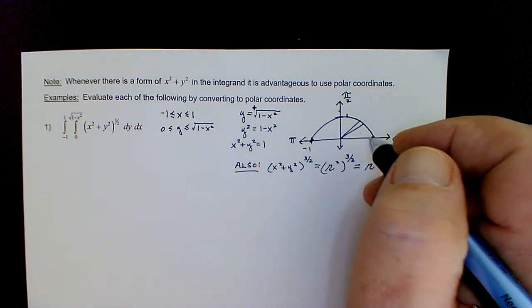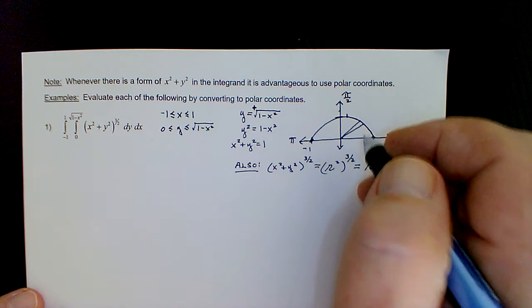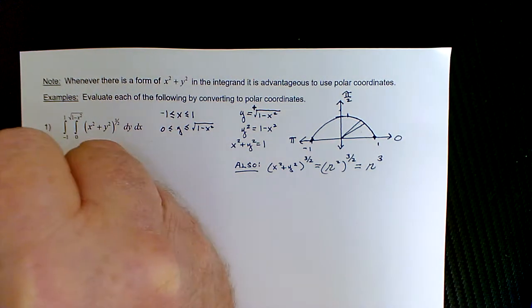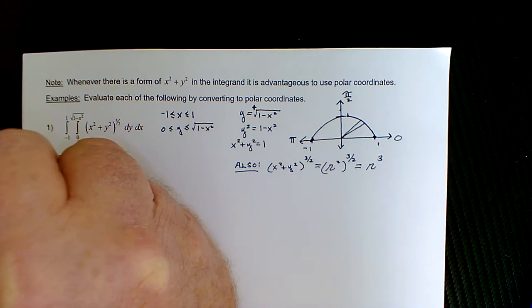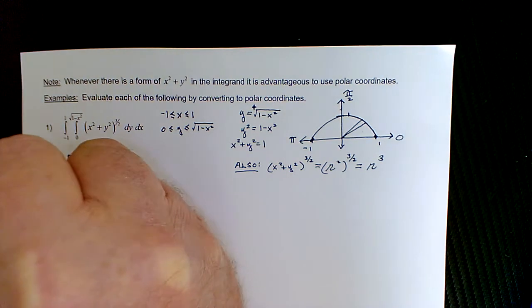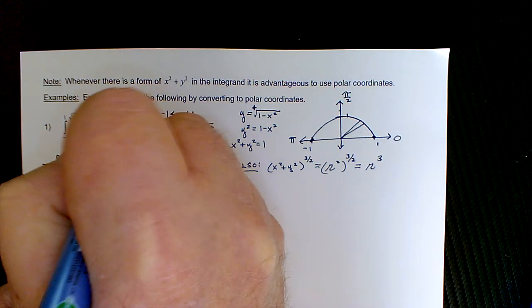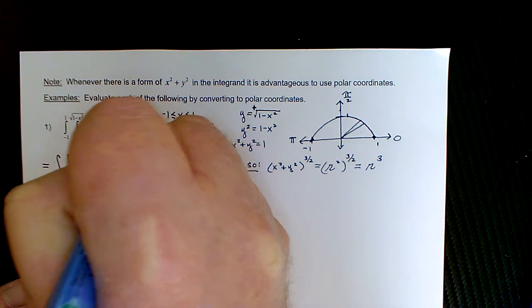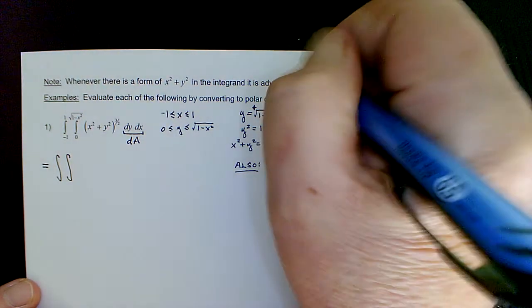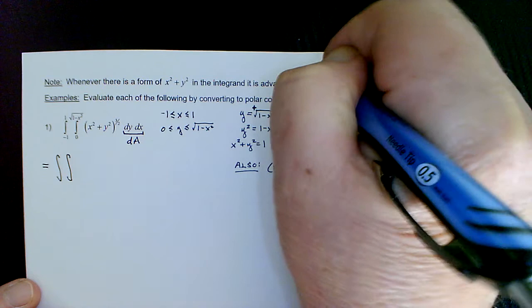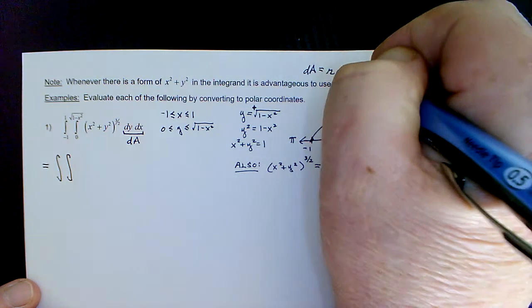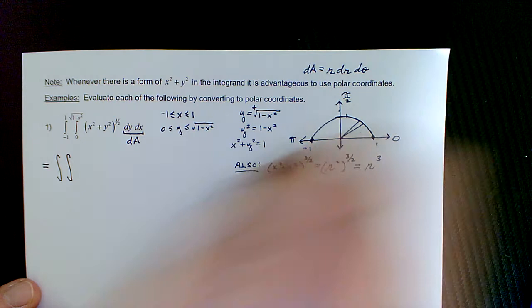But now we have to set up the double integral in terms of r and theta. And this dy dx, that's our differential dA. And always remember that dA, as we had proven on the previous page, is r dr d theta.